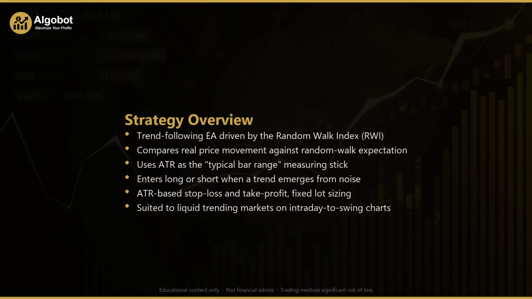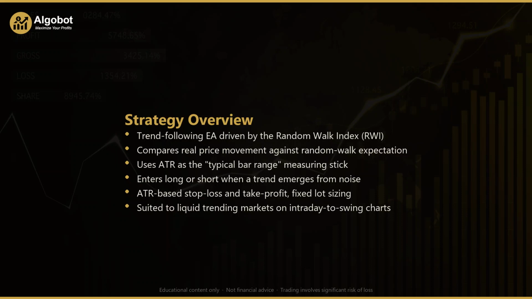So what exactly does this expert advisor do? At its heart, Random Walk Index Trend Emergence is a trend-following system. The central question it tries to answer is a deceptively simple one. Is the market actually trending right now, or is it just drifting around randomly? To answer that, it leans on a concept from statistics.